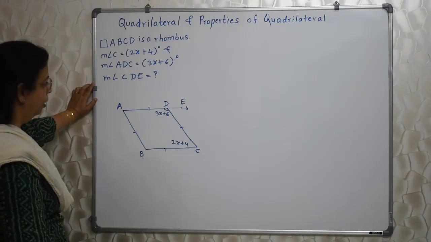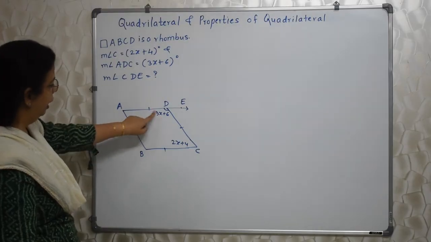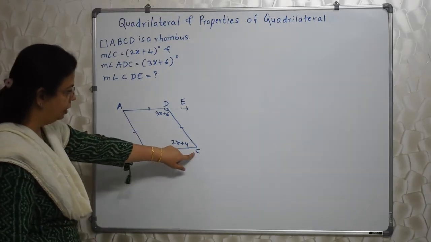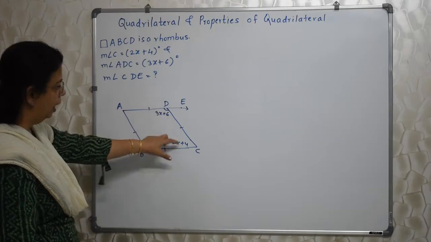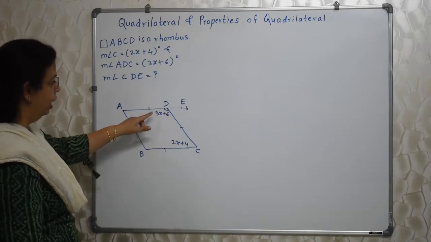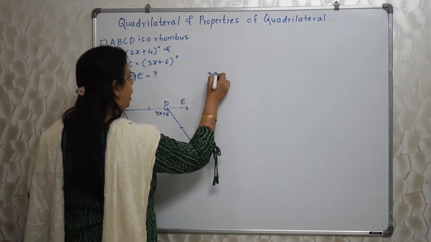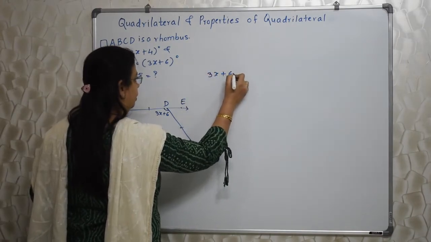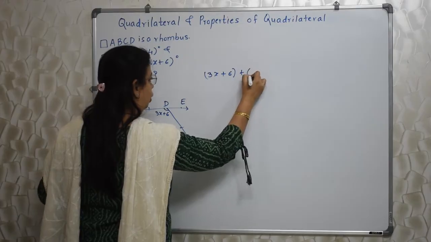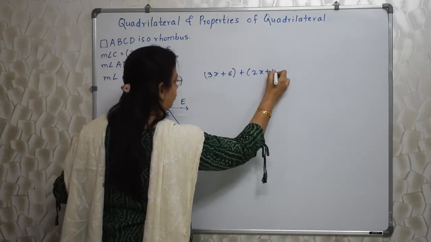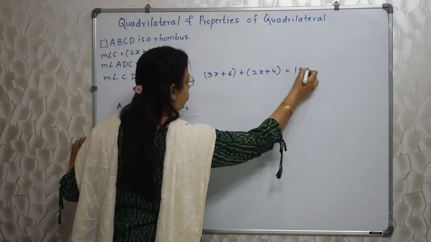What does it mean? ADC and this C, these two angles are adjacent angles. So their sum will be 180. Okay. So 3x plus 6 plus 2x plus 4 is 180.